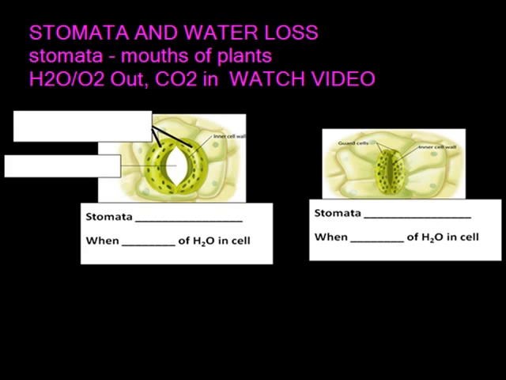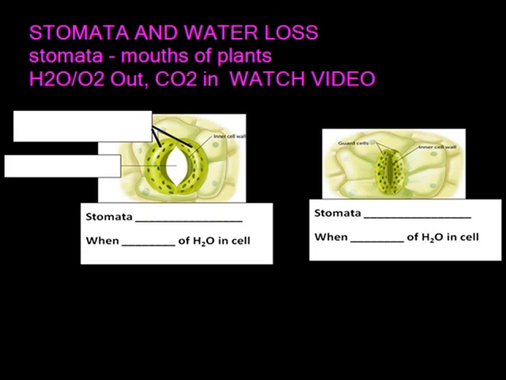Plants sweat. That would be transpiration. There is a great video embedded within the PowerPoint that shows stomata opening and closing. So if we look at the picture, the one on the left, the stomata, which is that white opening, that second box, is open. That means that the carbon dioxide can go in and the oxygen come back out.